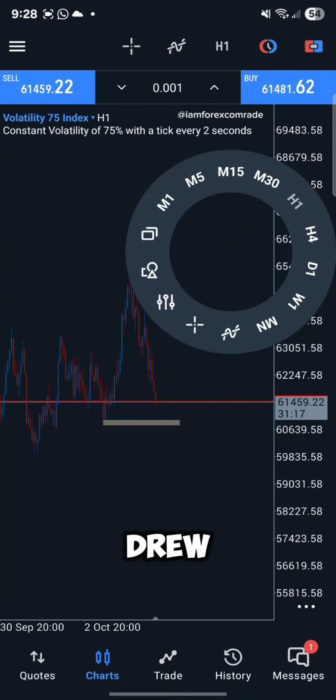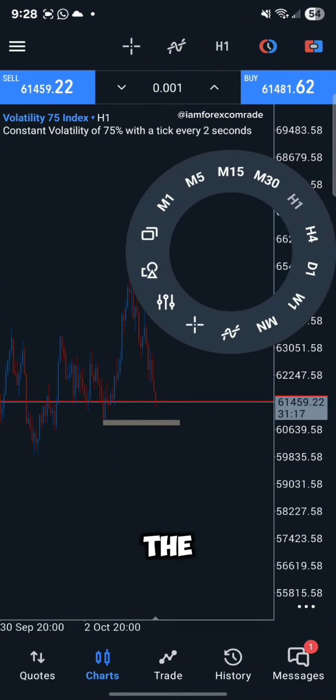I drew the line of confluence, that is the support at the bottom, and then I'm now drawing another one that is marking the resistance, right? But these two lines can sometimes act as the other one, that is if they are broken to the other side, right?